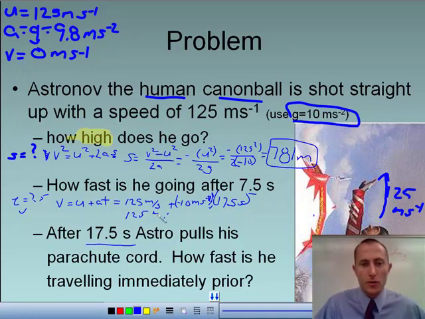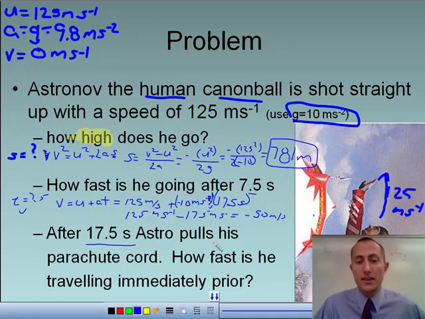So now it's 125 meters per second minus, okay, 17.5 times 10, that's minus 175 meters per second. And now our final velocity is negative 50 meters per second, telling us then that after 17.5 seconds he has reached the peak, passed the peak, and is now falling down with a speed of 50 meters per second.